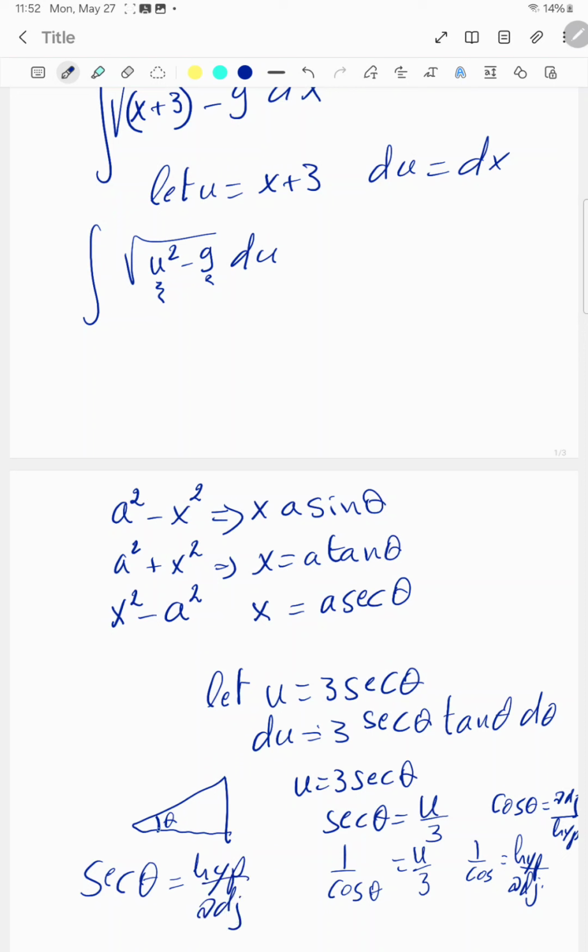So that's my theta. The hypotenuse is here, and the adjacent is here, because I have u divided by 3. So here sec of theta equals u divided by 3. And here, if you use the Pythagorean theorem, you will have the square root of u squared minus 9.